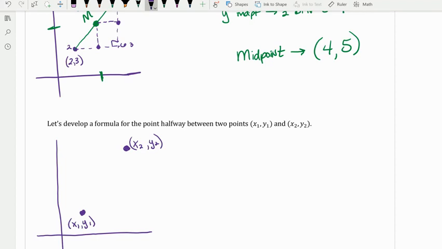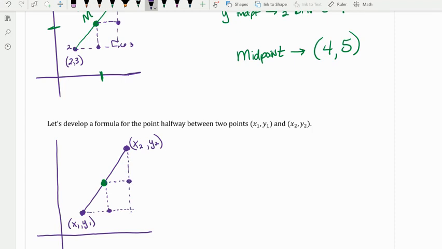And if I'm looking for that point that is right in the middle of that segment, we said we need to find the halfway point for the x's, which would be there. And then we need to find the halfway point for the y's, which would be here.